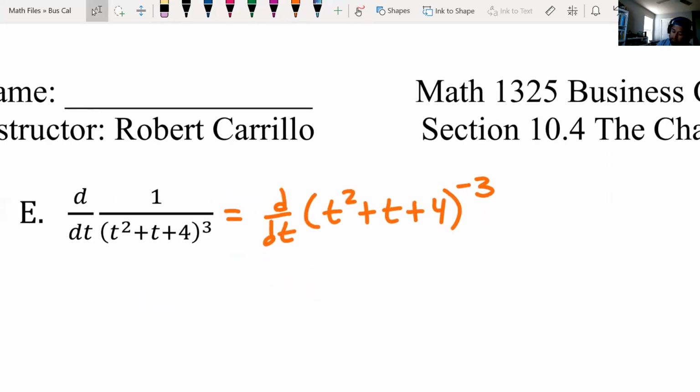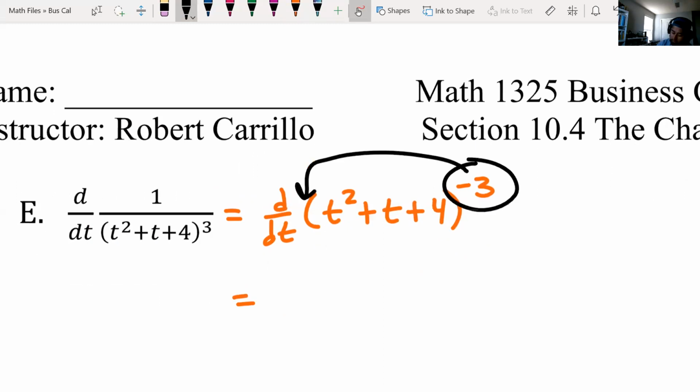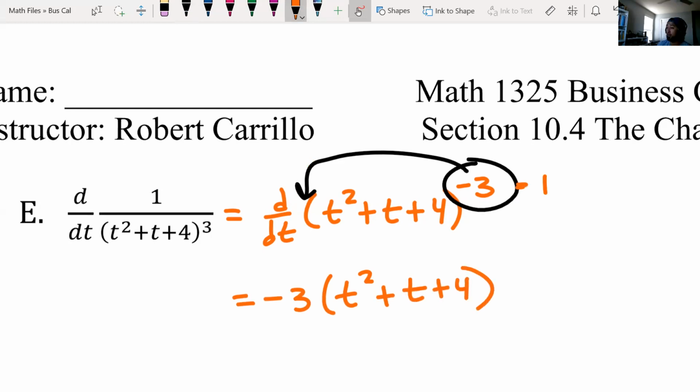So that means we can take the derivative, and when we take that derivative, that negative 3 is coming down. So we'll get negative 3 times t squared plus t plus 4. You subtract 1, and we get negative 4. So there's the derivative of the outside.